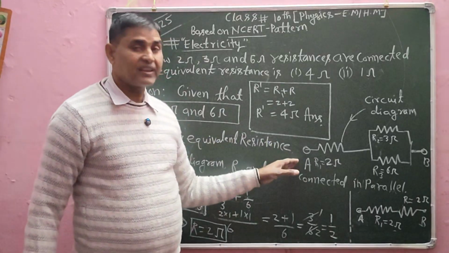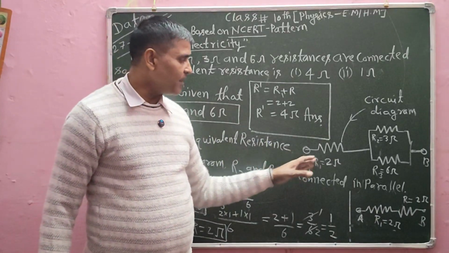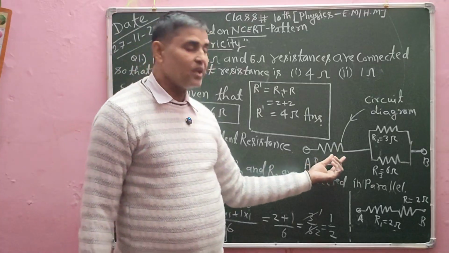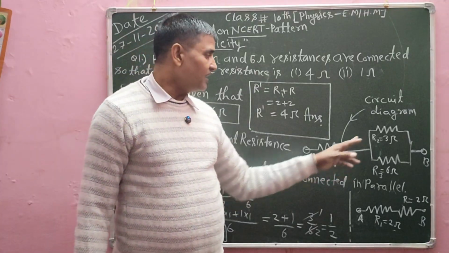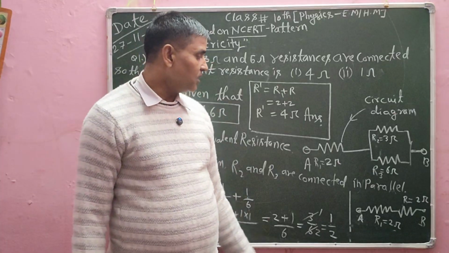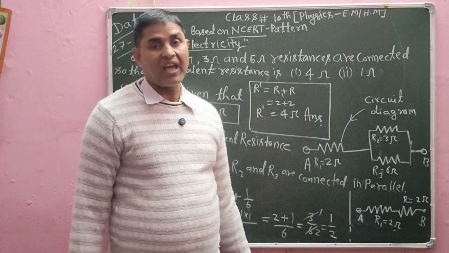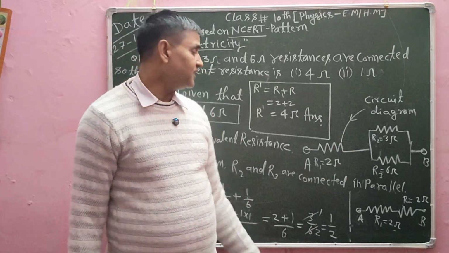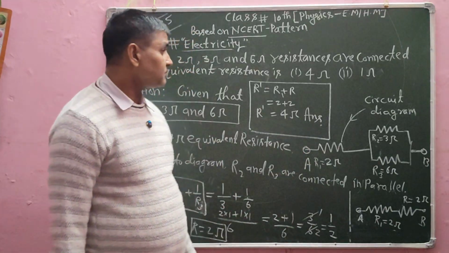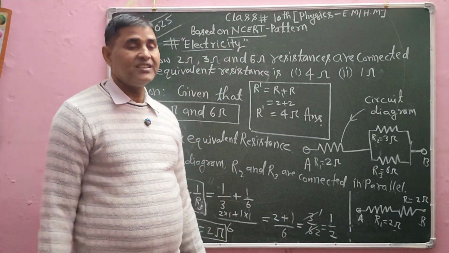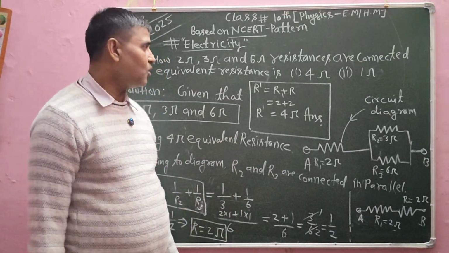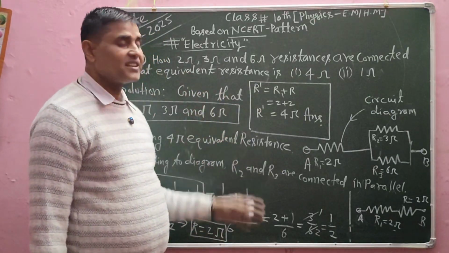This is the question number 1 I have solved. The circuit diagram I have drawn here is correct, because the 2 ohm resistance I will add in series and 3 ohm and 6 ohm I will connect in parallel. So after calculation I will get its equivalent resistance, that is 4 ohm. Students who are reading in CBSE board, in English medium, can understand its solution clearly, because three resistances are given.